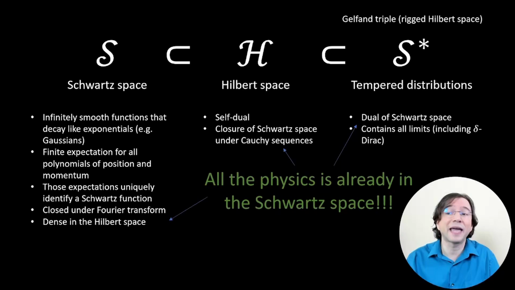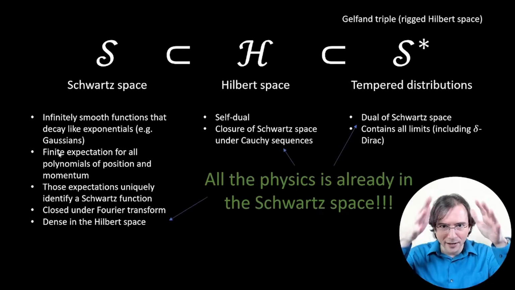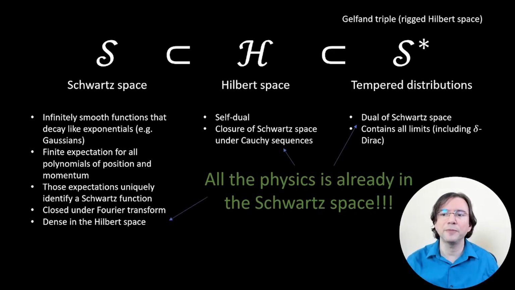So, for example, a Gaussian would be in the Schwartz space. Every element in the Schwartz space is in the Hilbert space. The nice thing about the Schwartz space is that because it goes down faster than any polynomial, and because it's infinitely smooth, you have finite expectation for all polynomials of position and momentum, which is probably desirable.